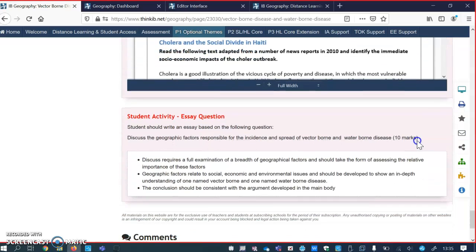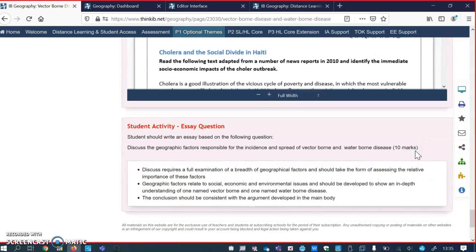So when we think of geographical factors, try to think in the broadest framework: social, economic, environmental factors. If we think about the broadest term, we might start with climatic factors, that Zika virus will spread mainly within tropical climates.